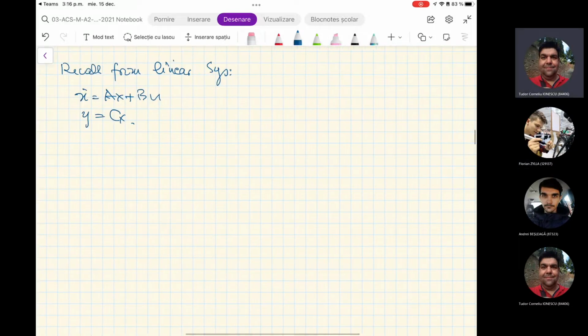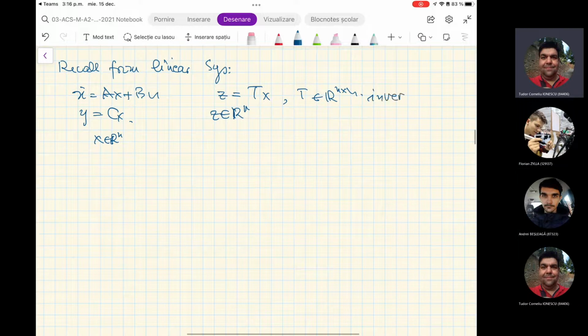A change of coordinates meant that you had the new coordinate z equal Tx, with T a matrix in R n times n. So x is in Rn and z is also in Rn. This matrix is invertible.